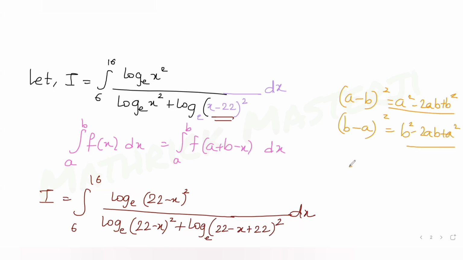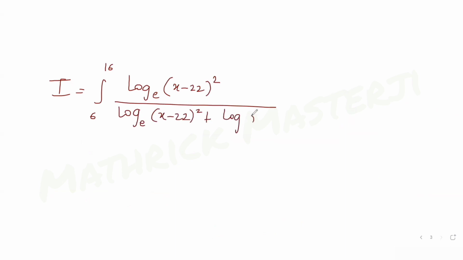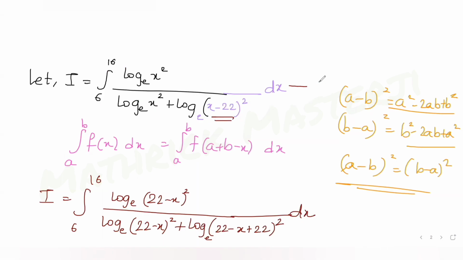So I can switch from a minus b the whole square to b minus a the whole square. Writing my new I in terms of x minus 22, I can write 22 minus x the whole square as x minus 22 the whole square. In the denominator it becomes x minus 22 the whole square again, plus log of x squared to the base e. This becomes my new equation 2, and the given question was equation 1. So I have marked both the equations.